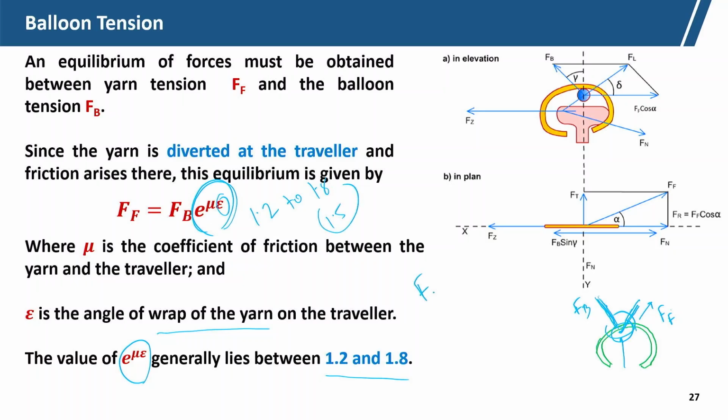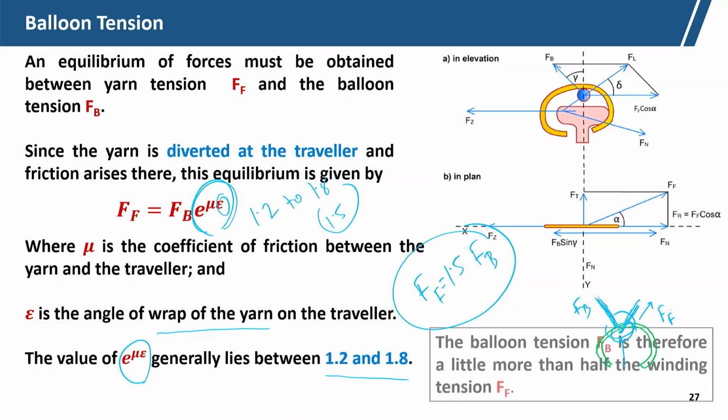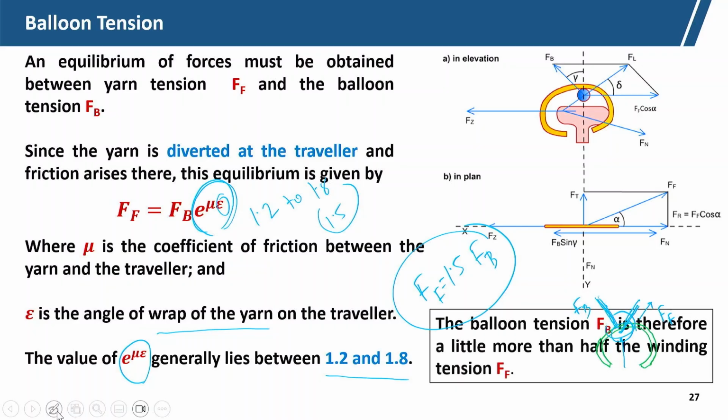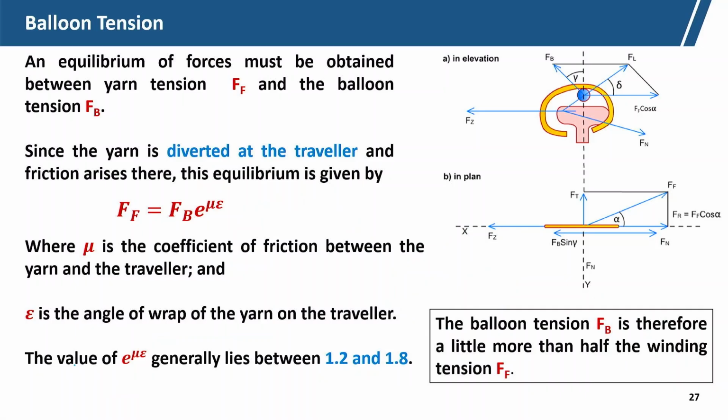So, F f will be 1.5 times F b, that means the yarn tension is higher by 1.5 times, that is 50% higher. The balloon tension F b is therefore a little more than half of the winding tension.